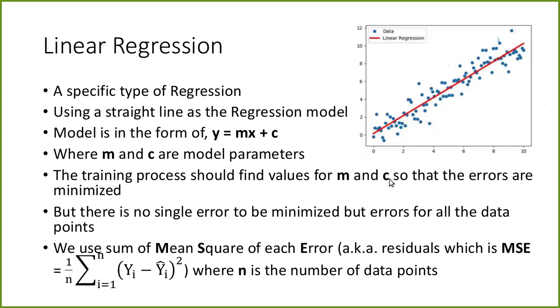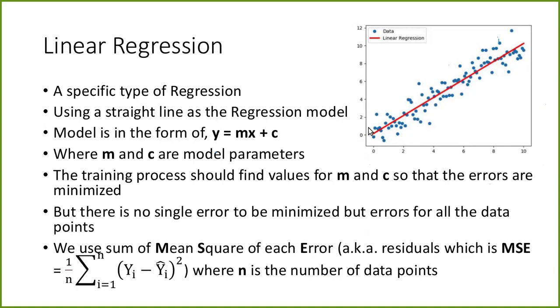When there is only one x variable and one y variable, that means we have to predict the continuous y variable using the continuous x variable. You can use simple linear regression.